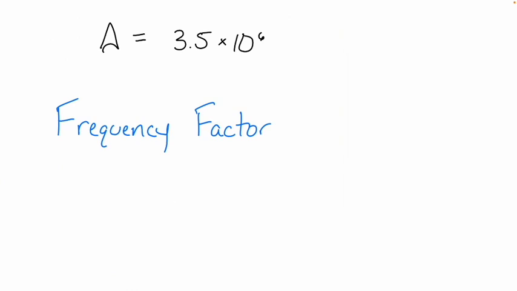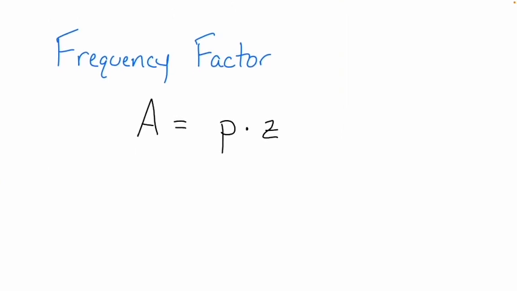So this frequency factor, A, has two components to it, what we call P and Z. Z is the collision frequency.